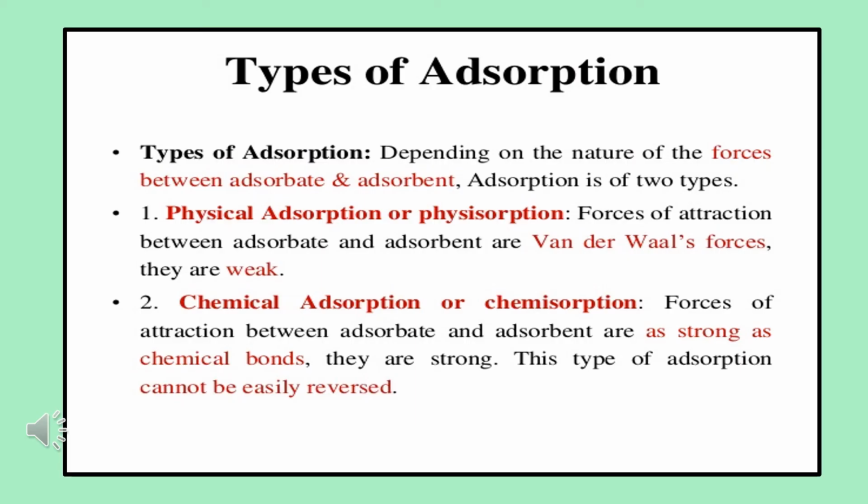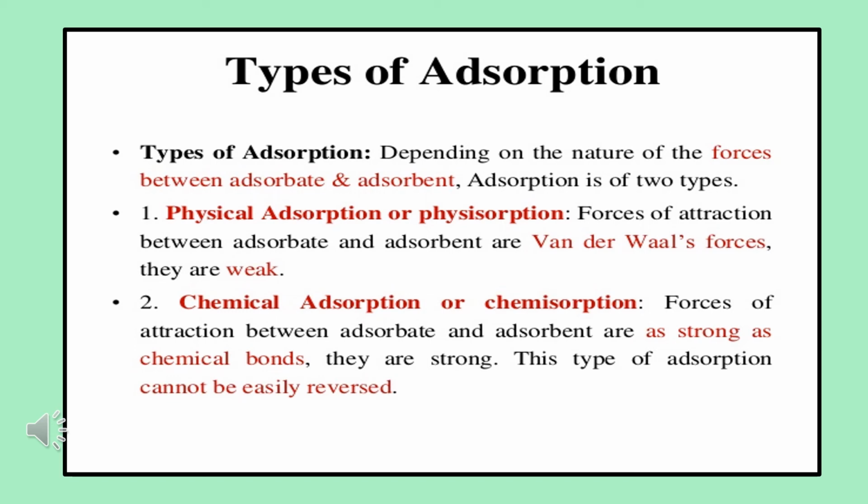I repeat, students, depending on the nature of forces between adsorbate and adsorbent, adsorption is of 2 types, physical adsorption or physisorption. If the forces between adsorbate and adsorbent are weak van der Waals forces, then it is called physisorption. And second one is chemisorption or chemical adsorption.